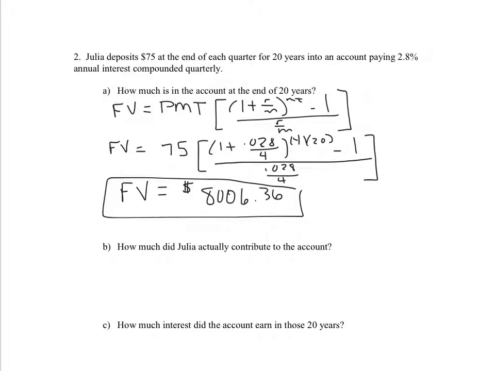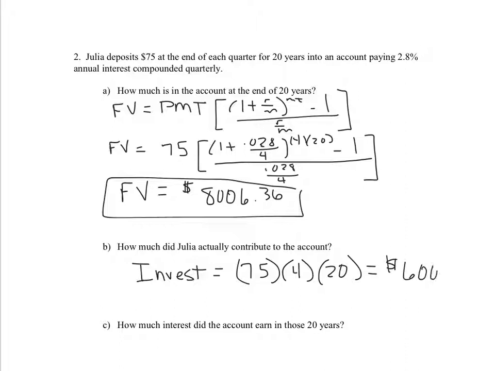Now, if I want to know how much she contributed to the account, what did she actually invest? Well, she paid $75 every quarter, so that meant 4 times a year for 20 years. And if you multiply that out, you'll see that she deposited $6,000.